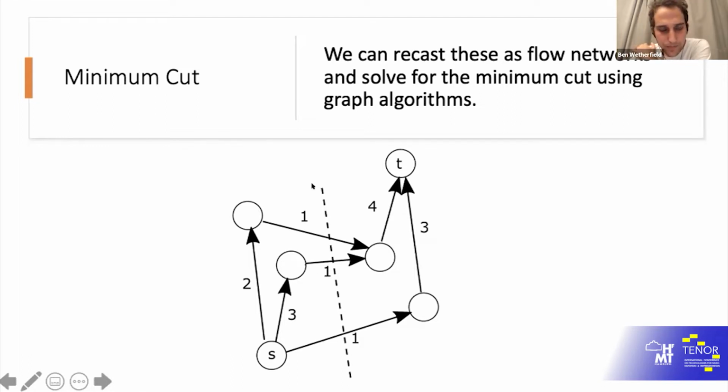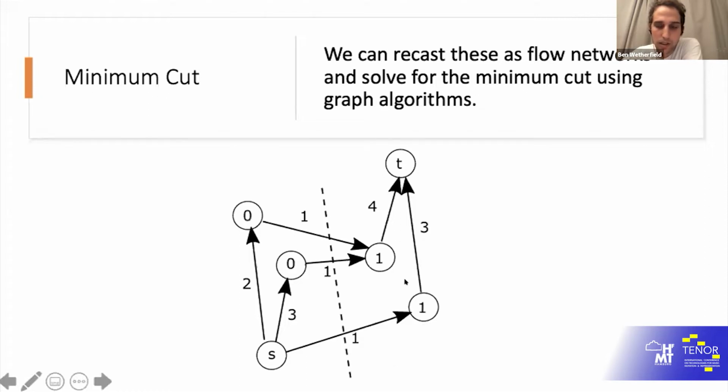And then you're finding the collection of edges that separates S from T that has the lowest total weight. Here we've chosen the three 1s, and the total cut has a total weight of 3. You can check, that's the least that you could get for this graph.